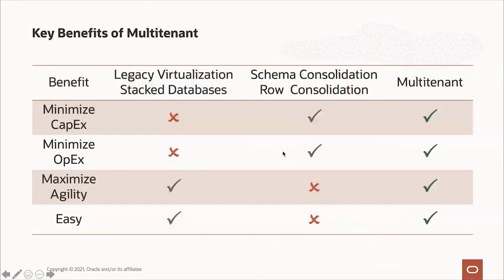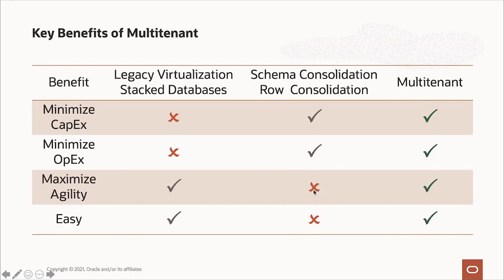And if we can meet this goal, we can basically deliver on all of these benefits, minimizing capital expenses and operating expenses. This was the consolidation gain. So we get this by doing this schema consolidation or row consolidation, putting everybody in a single database. But we also want to maximize agility, and we want it to be easy to adopt. Now, schema consolidation and row consolidation, that's not particularly easy to do.